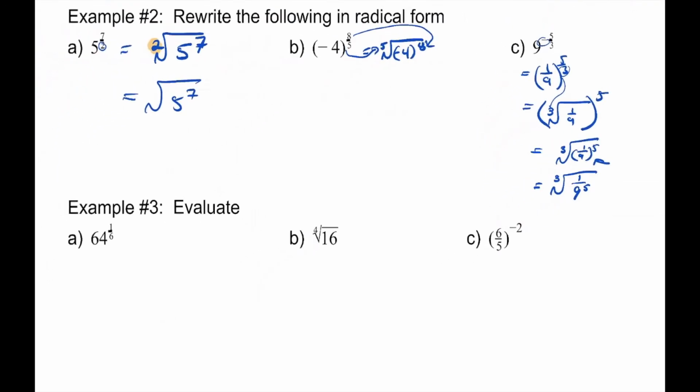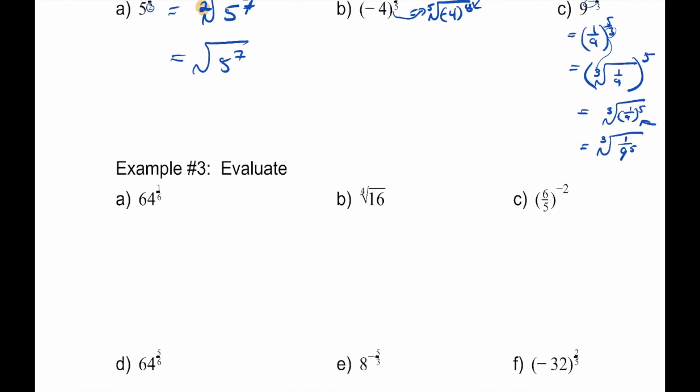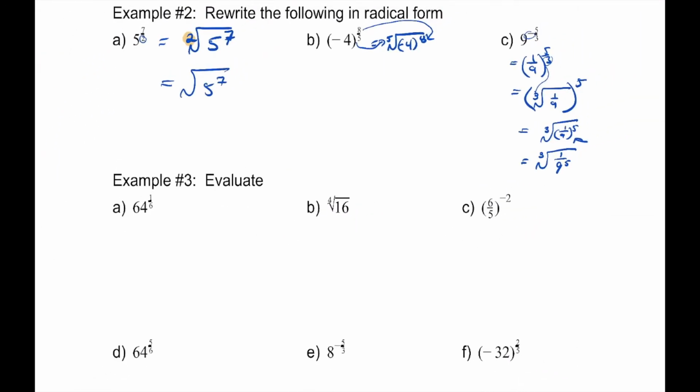So just working through the other examples, now we want to evaluate. On this part, you really want to use a calculator, because one of the things you might need is to take a sixth root. For example, the sixth root here is 64. Your calculator may or may not accept a fraction for the exponent.